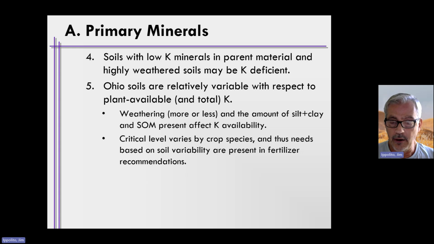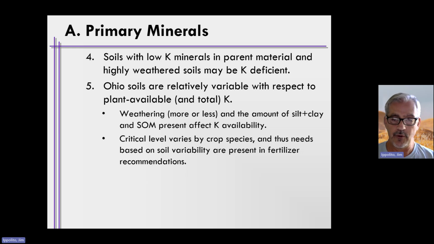When we talk about the needs of crops for potassium, we often talk about something called the critical level, or the amount of potassium that's needed to maintain sufficiency in a crop. That level varies by crop species, and you're going to see that in this unit as well. The needs of different crops, and thus the needs based on soil variability, are present in fertilizer recommendations.